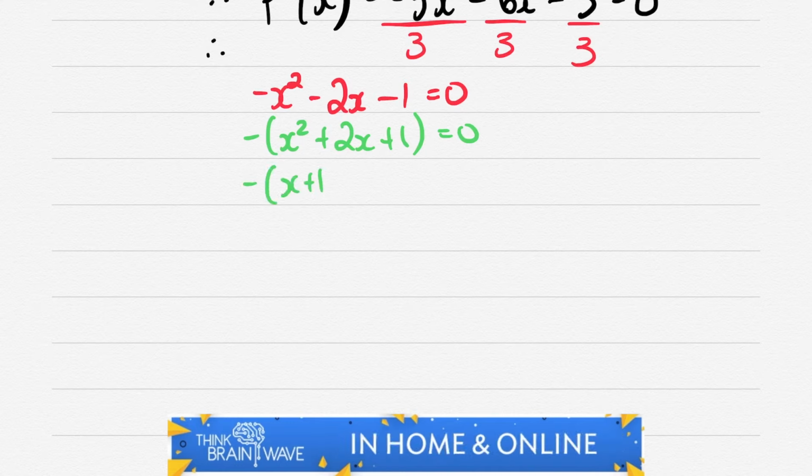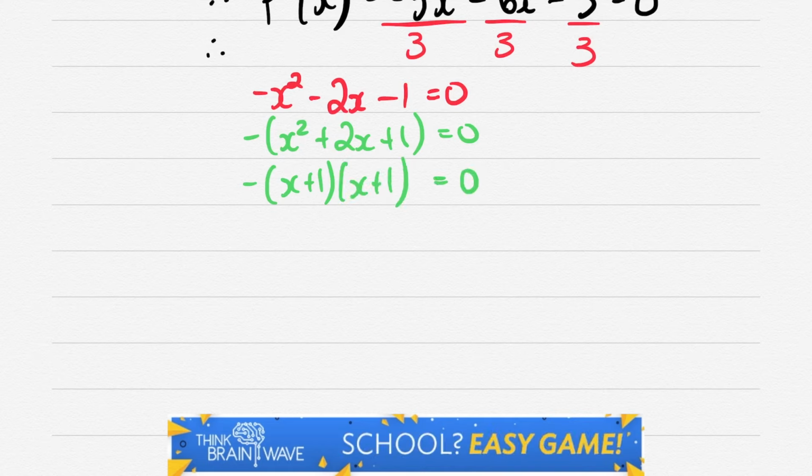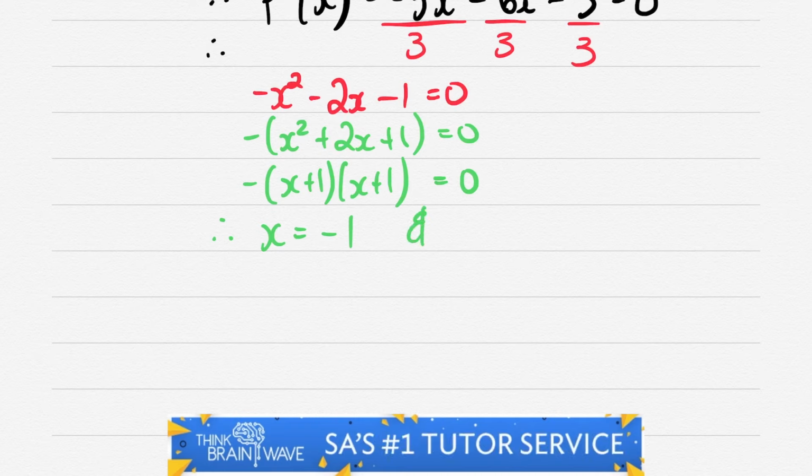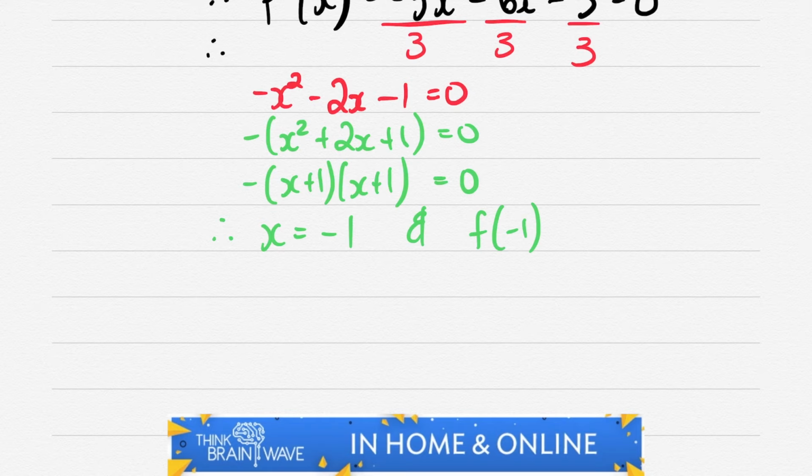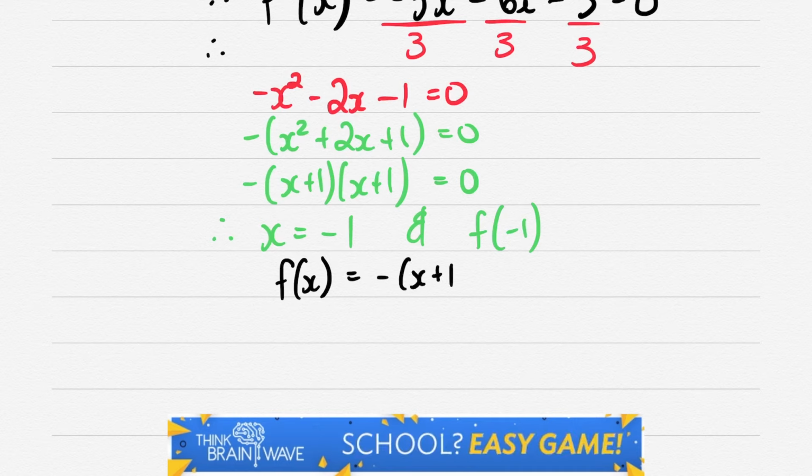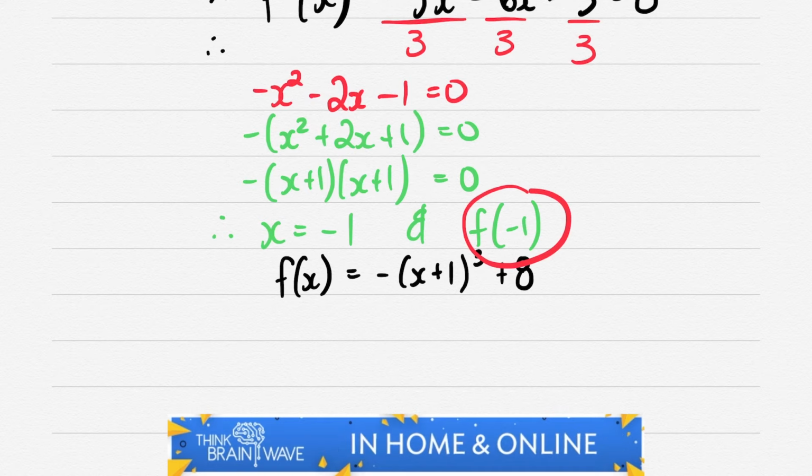We then put our system in brackets, get rid of the negative sign essentially, and we separate. This means that x is equal to minus 1 because both of them are equal to minus 1. We say that f of x is equal to negative of x plus 1 cubed plus 8.